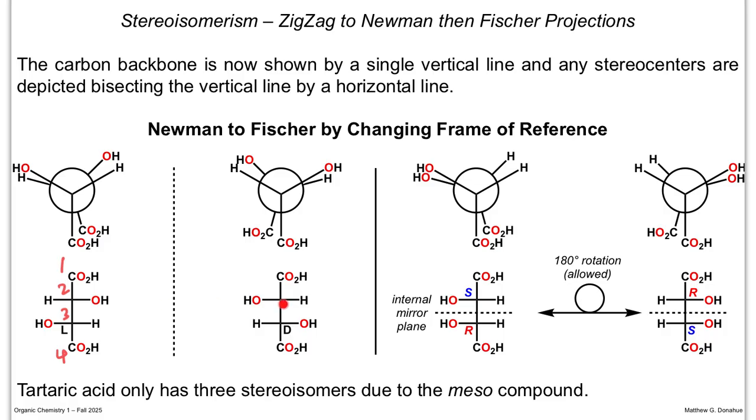So you have one pair of enantiomers, and then the relationship of either of these to this compound is diastereomeric. So again, what does that mean? This and that will have different chemical and physical properties because they're diastereomers.